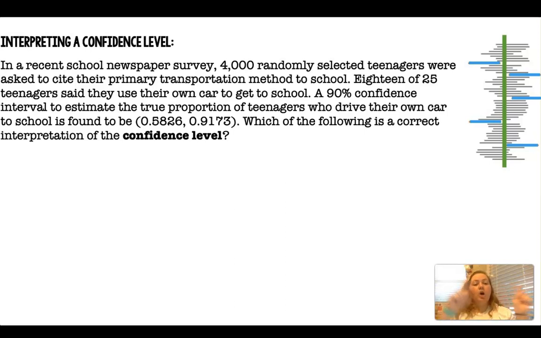I did all of these different intervals, and my intervals are all going to be the same size, but every time I do them, I'm getting them from samples. So every sample is going to give me slightly different values, and so their intervals are going to be slightly different. And 90% of the intervals will capture the truth. Not every single interval includes the truth, but if I did it many, many, many times, 90% of them would.